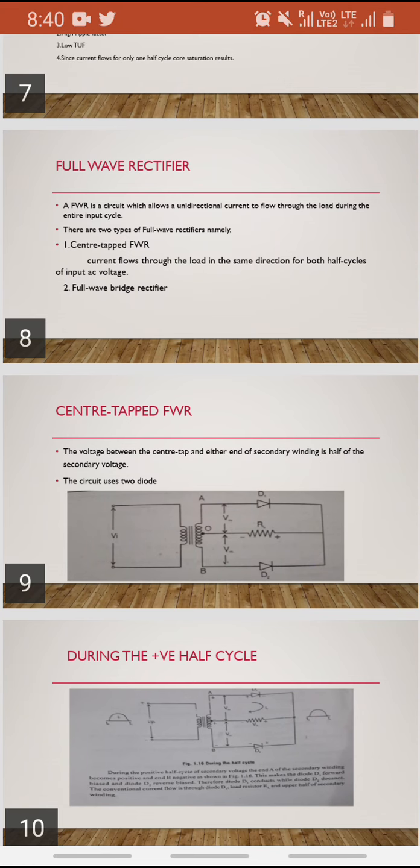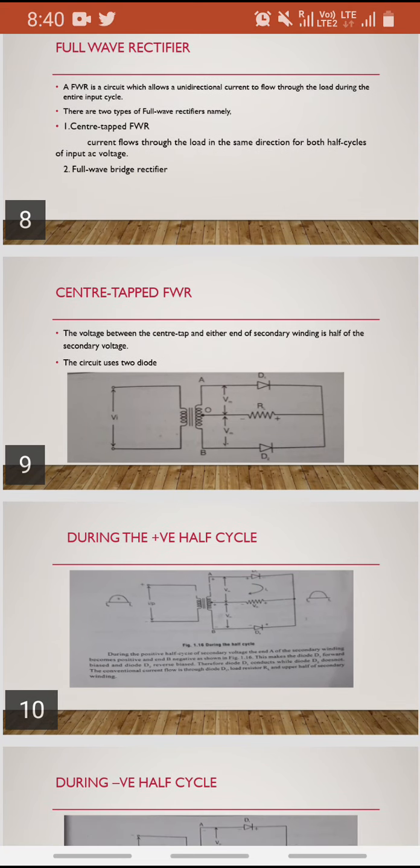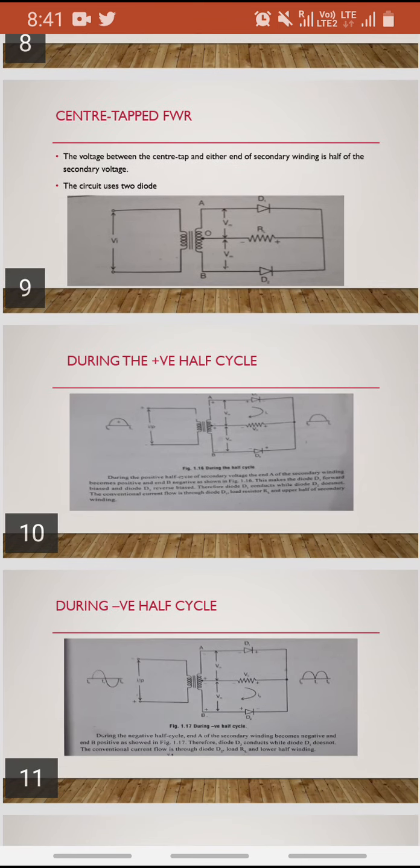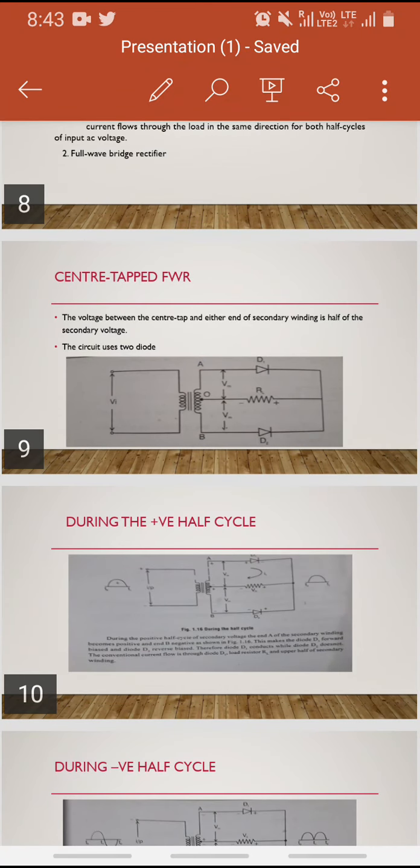Center tapped full wave rectifier. The voltage between the center tap and either end of the secondary winding is half of the secondary voltage. In full wave rectification, current flows through the load in the same direction for both half cycles of the input AC voltage.